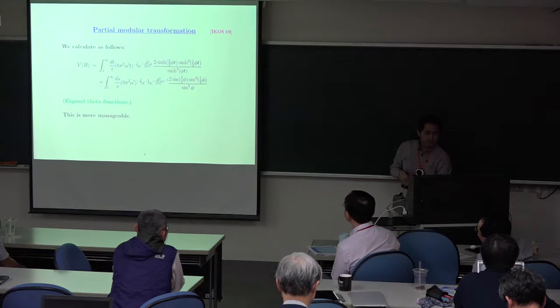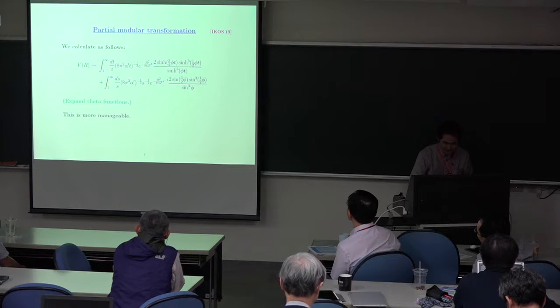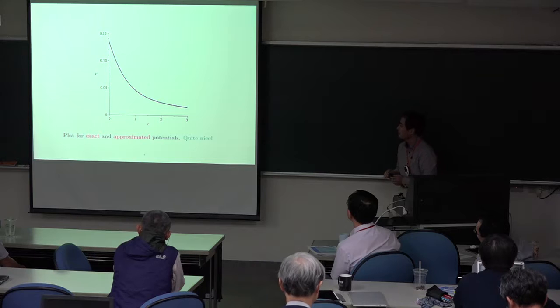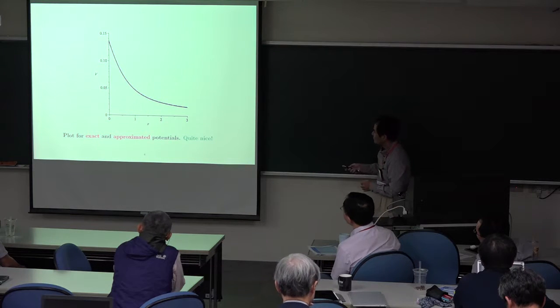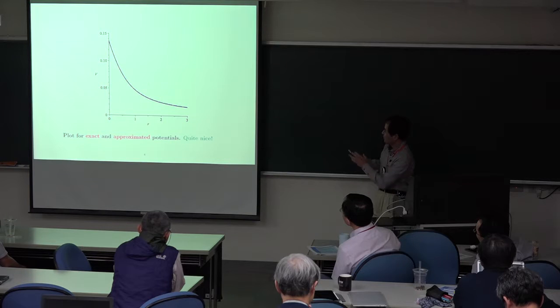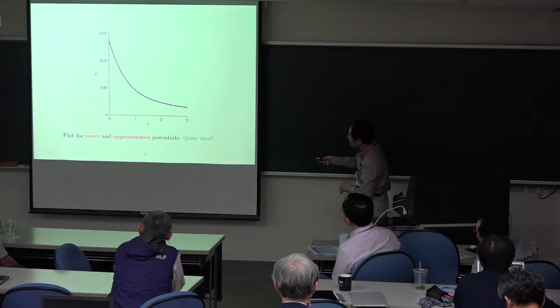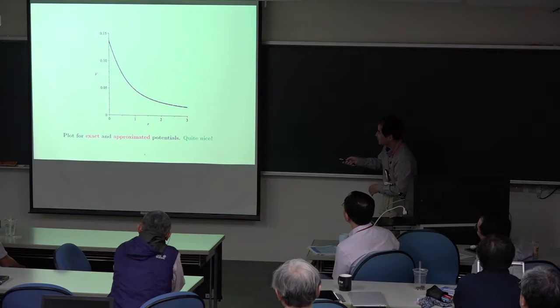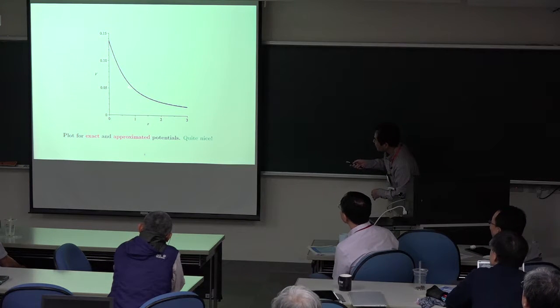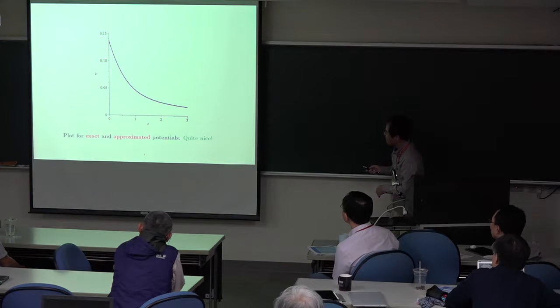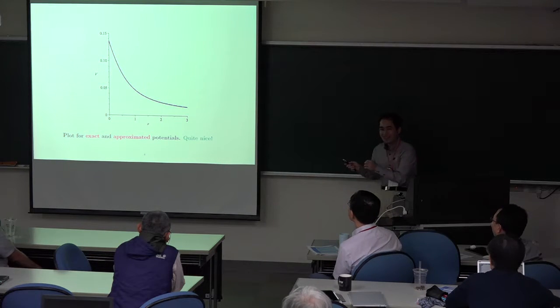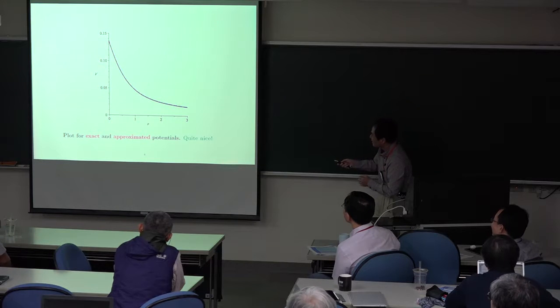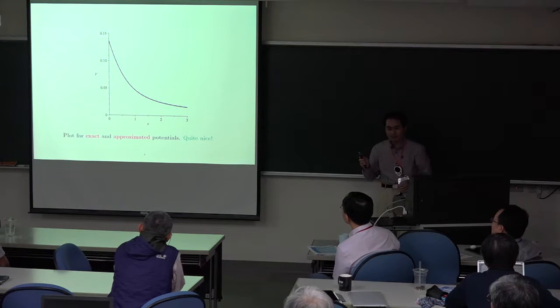But surprisingly, this gives a very good approximation. This is the plot. You might notice that there are two curves in this plot. One is the red curve, and the other is the blue dashed curve. I don't remember which is which, but one is for the exact expression, and the other is the approximate one.